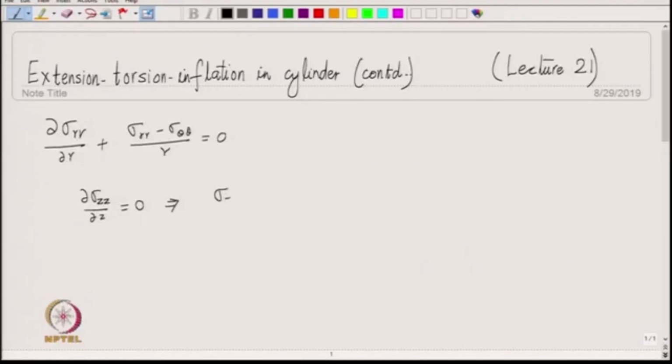so we know that sigma z z, for example, that is lambda times u r prime plus u r by r plus u z prime, that is a trace of the strain matrix, plus 2 mu epsilon z z, right. So, u z prime.